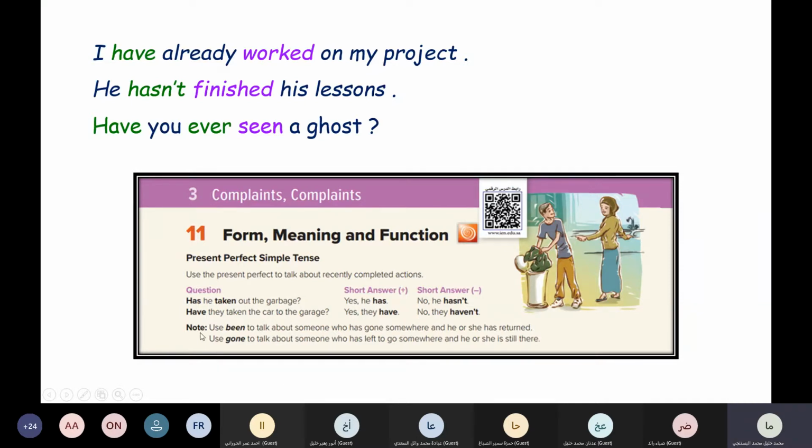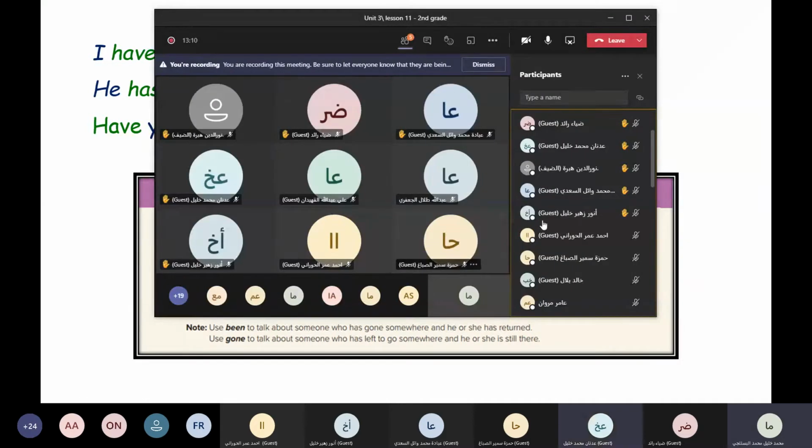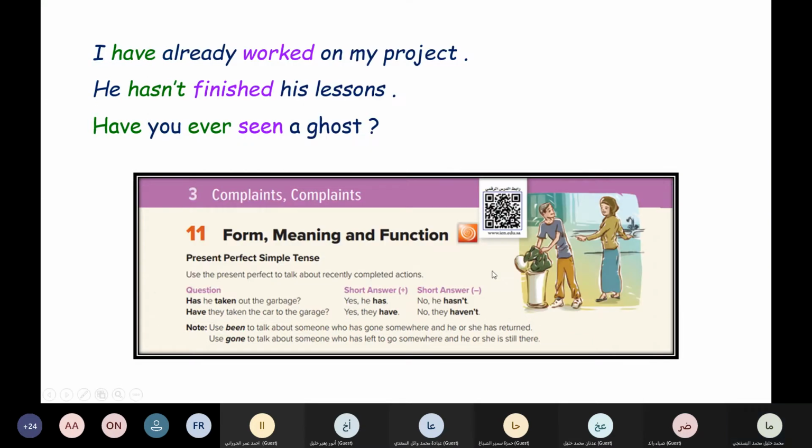Here we have a note. Who can read the note? Anwar, read the note here. Use been to talk about someone who has gone somewhere and he or she has returned.